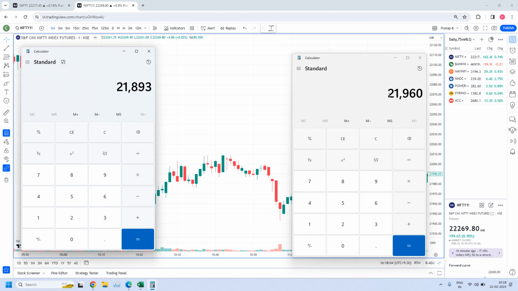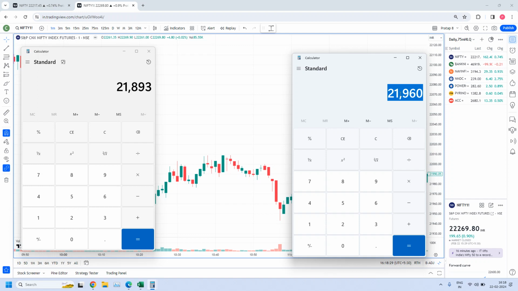So you will place a buy order at 21,960. In the futures chart, you will not use 21,893. This is the equity price. Exactly at that time, the futures price is 21,960. So you will place your order.